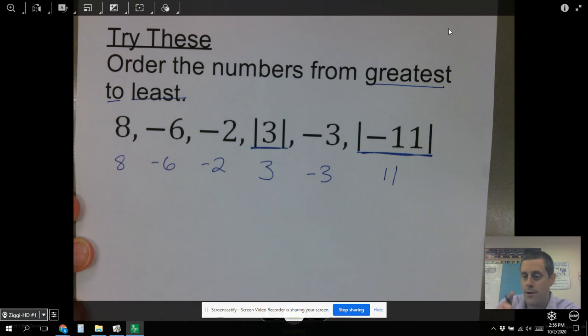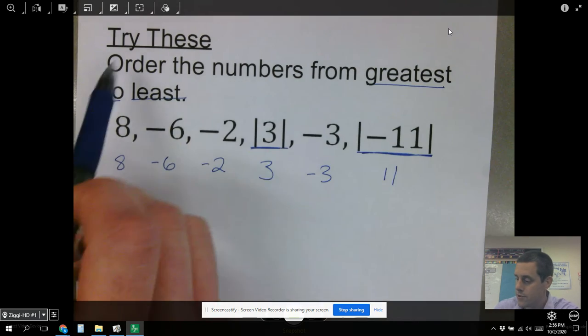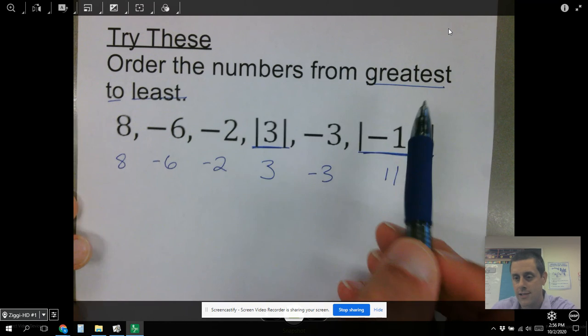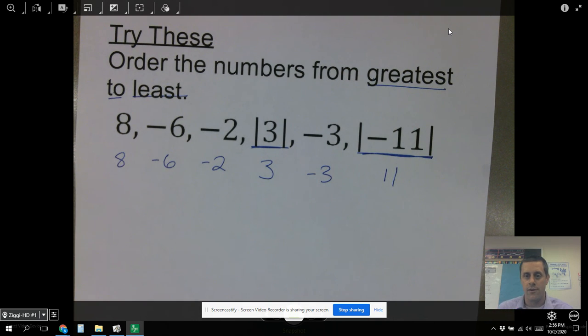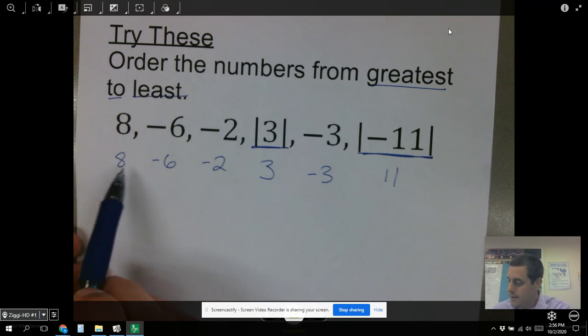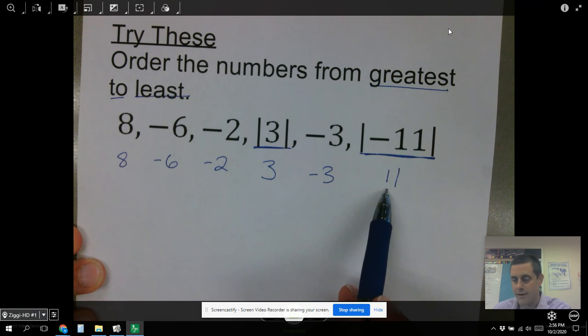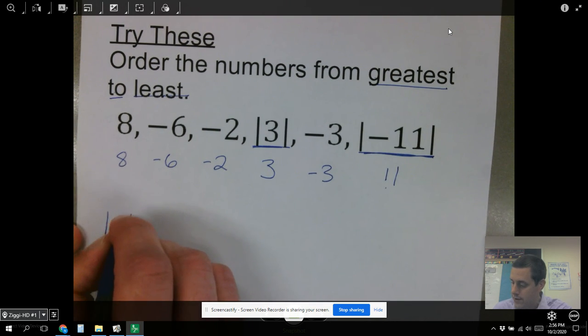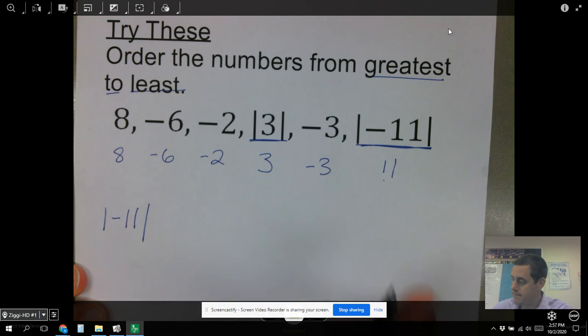Now, tricky part to this problem, make sure you read the directions. We are going greatest to least. So to find the greatest value, I need the integer that would be furthest right on the number line. And that's going to be 11, originally written as the absolute value of -11.